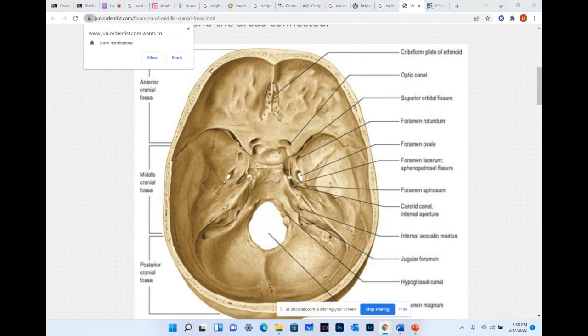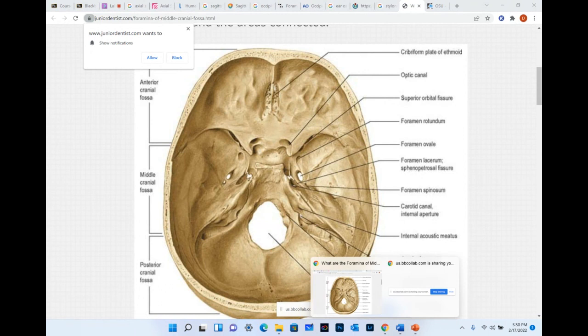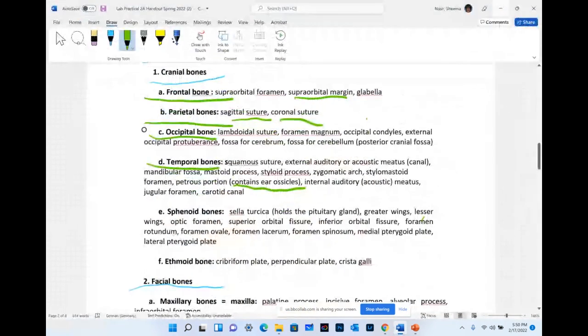And that's all. Let me check if we covered everything. Squamous suture, external auditory, mandibular fossa, mastoid process, styloid process, zygomatic arch, stylomastoid foramen, petrous portion, ear ossicles, internal auditory meatus, jugular foramen, and the carotid canal.